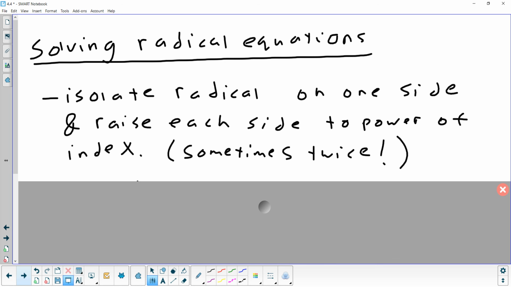What power? Depends on what radical. If you have a square root in the problem, you're going to use a square. If you have a cube root in the problem, you're going to use a cube. And we have to remember that we are not doing operations on individual terms. We're doing an operation to the entire side of an equation, which usually means foiling is going to be involved. Okay.